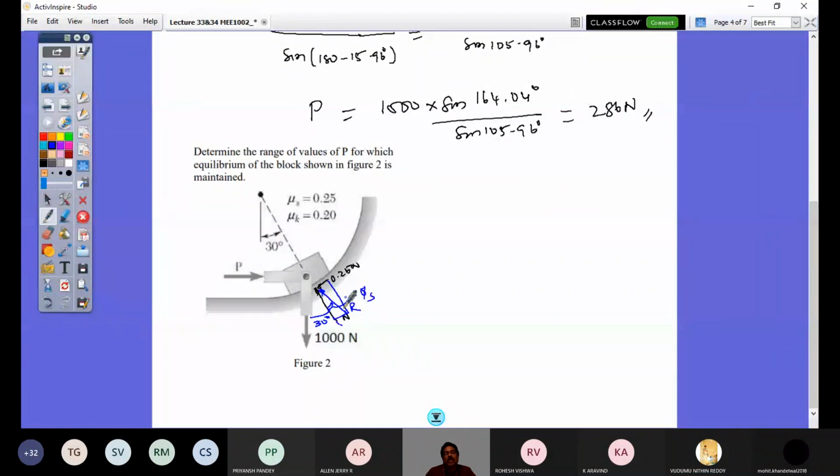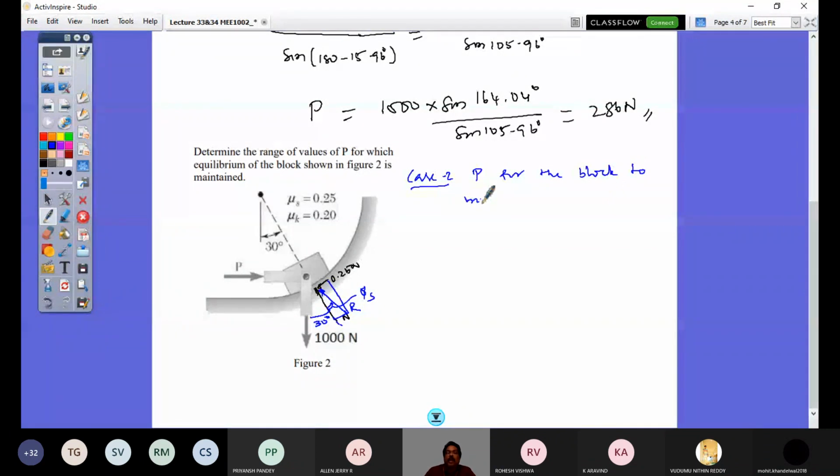So that is all. So this is case 2, P for the block just to move up.